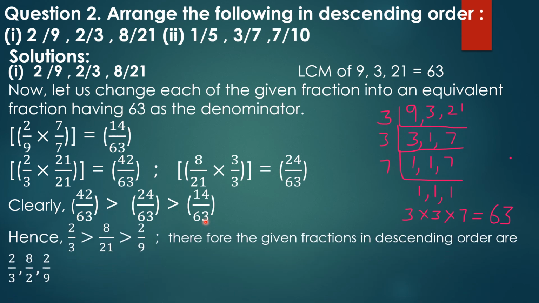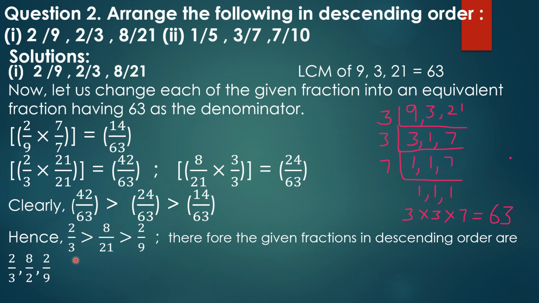Now what are the corresponding fractions? 42 by 63 is nothing but 2 by 3. Therefore 2 by 3 is greater than, what is 24 by 63? It is 8 by 21. And similarly 14 by 63 is nothing but 2 by 9.